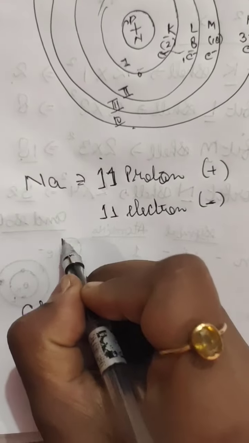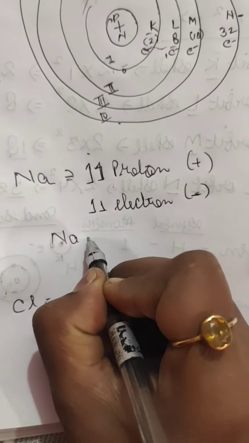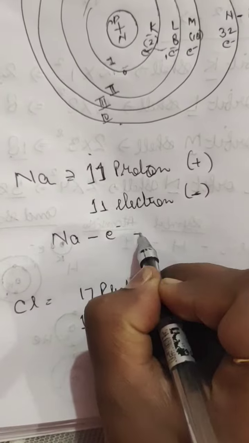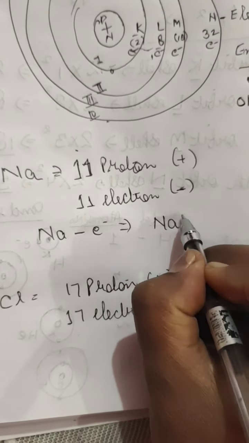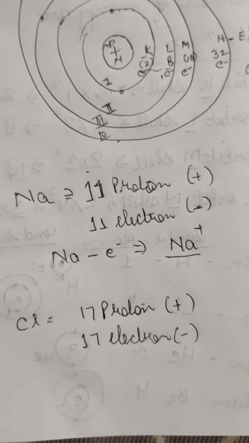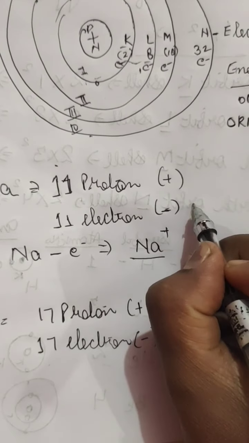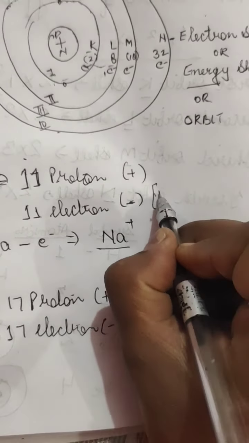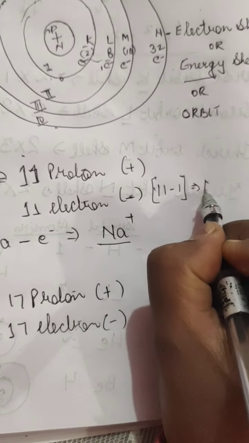Now when sodium gives its one electron to some other atom, it will form a sodium ion. Why does it get a plus charge? Because when it donates its one electron, 11 minus 1 equals 10.